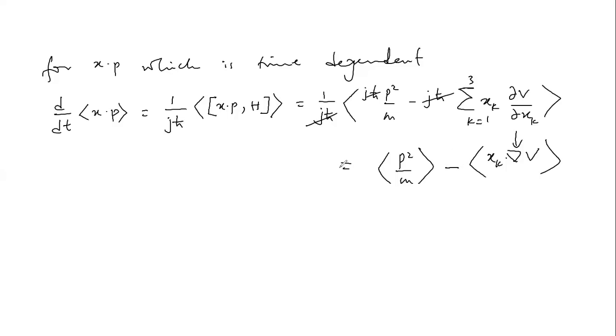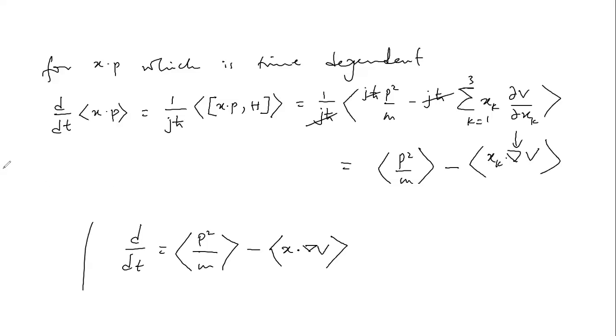So this is going to give us the final answer, which is d/dt of the expectation value of the product of the position and the momentum, the same as the expectation value of the ratio of p squared to m, which is the momentum squared divided by the mass, minus the expectation value of x times ∇V.